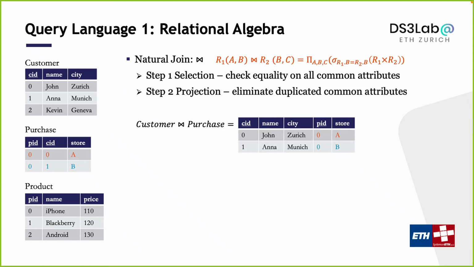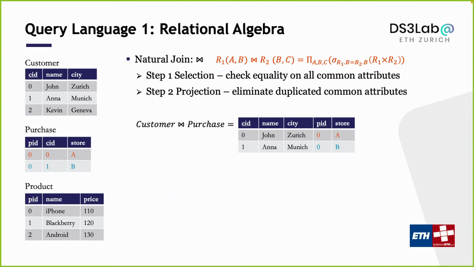So if you look at this, how do we get that output? What we are going to do is enumerate every single tuple in the customer table, and try to find the corresponding tuple in the purchase table that has the same value on customer ID, because customer ID is an attribute that's being shared in these 2 relations.